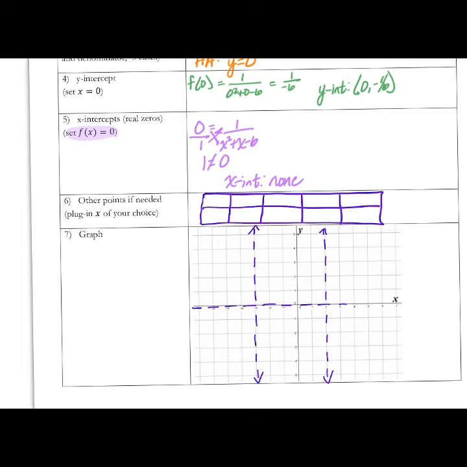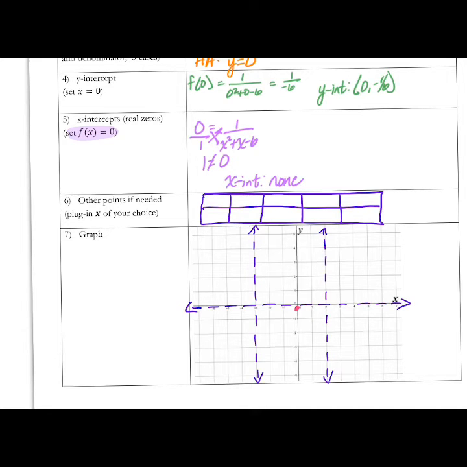So that is also dotted. Okay, and then I have a y-intercept at 0, negative 1/6. I'm going to do my points in a different color. It's probably closer to the line than that, but we're sketching here. So 0, negative 1/6, and I don't have any x-intercepts.